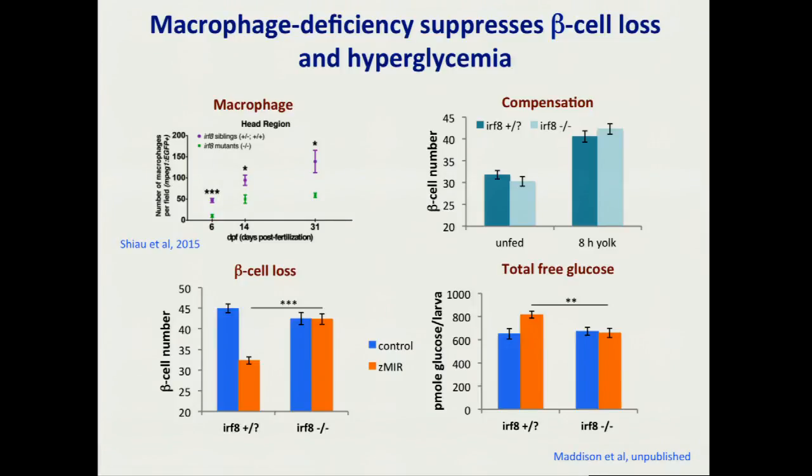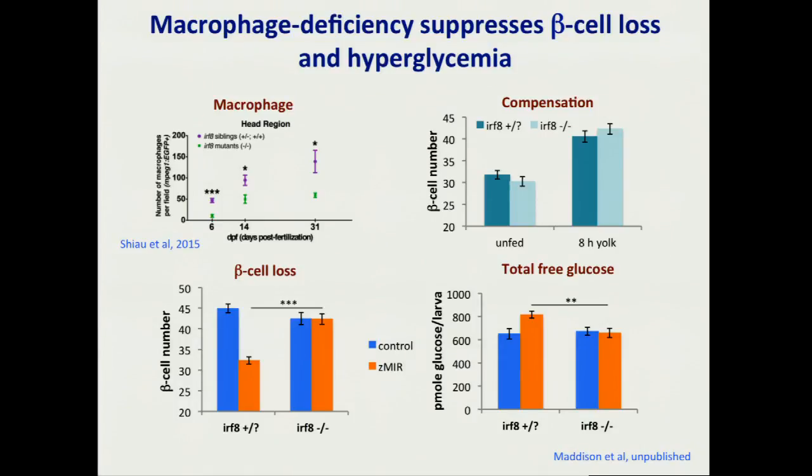In this line, at the stage we are working with, there are very few macrophage in the fish. In this mutant background, we have normal compensation and normal development of beta cells. However, we lost the overnutrition-induced beta cell loss, suggesting that, again, macrophage is essential for the death of beta cells.